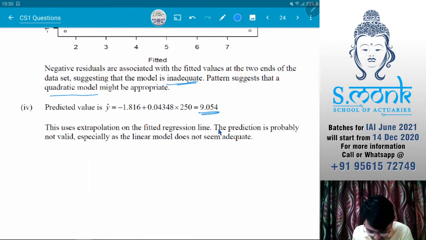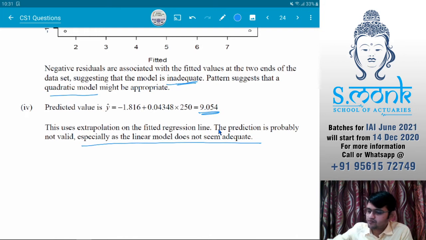This uses extrapolation. That means we are trying to find an extreme value on the fitted regression line. The prediction is probably not valid, especially as the linear model does not seem adequate, because we said a curved model is more adequate. So finding extreme values is not going to be a very good answer. The error will be high.